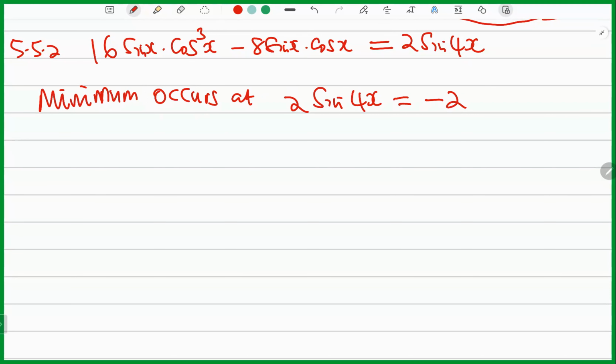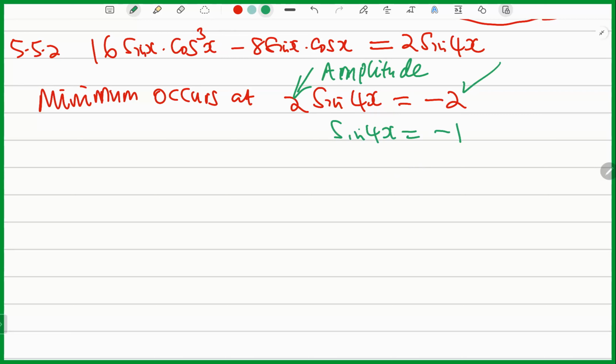Because you watch the amplitude of this. The amplitude gives us that minimum. So if this is the minimum, then you divide through by 2 and you have the sine of 4x. You divide minus 2 by 2, you get minus 1.